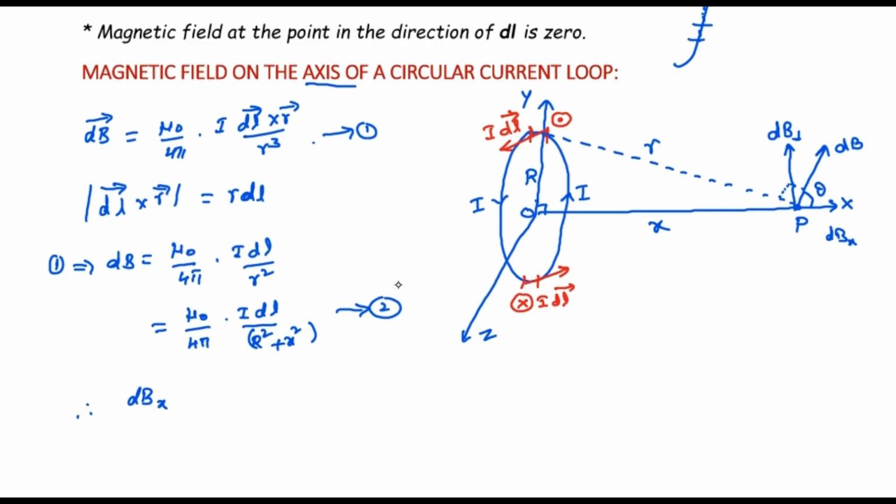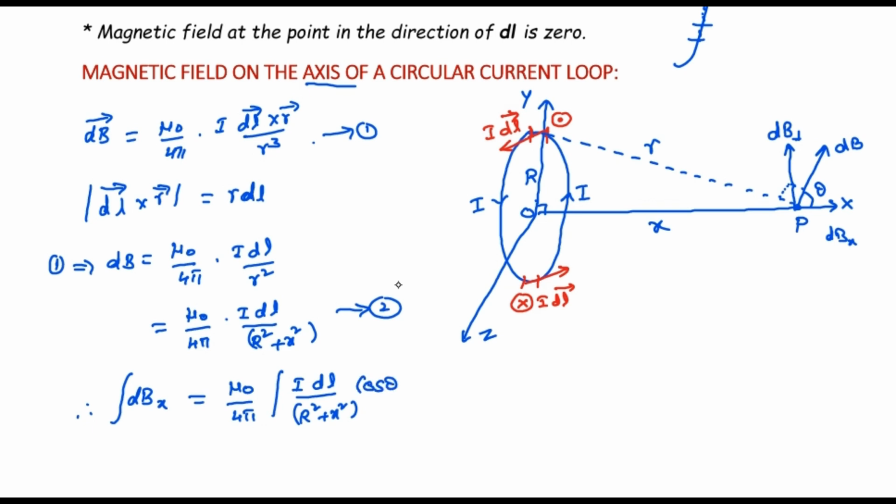So due to the complete circular loop, we can take the integral of dBx is equal to mu naught divided by 4 pi integral of IDL divided by R square plus x square into cos theta.